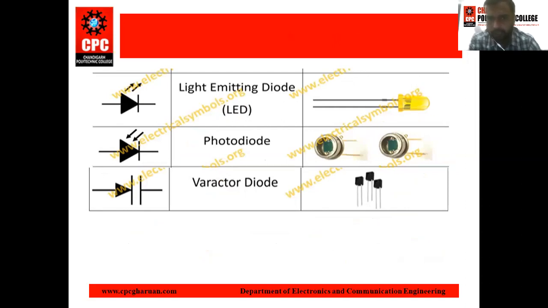When the positive terminal of the diode is connected to the positive terminal of the battery and the negative terminal of the diode is connected to the negative terminal of the battery, that condition is known as forward bias. In this condition, the losses come in the form of light.